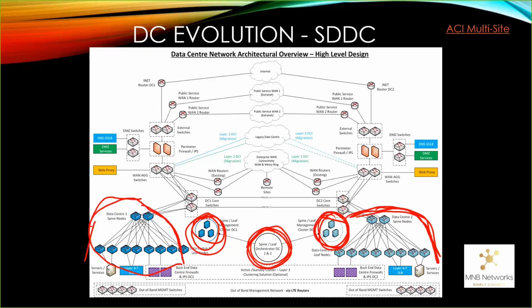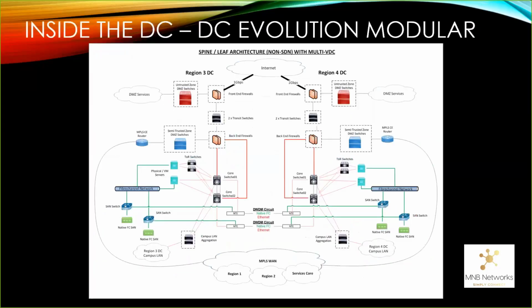One of the other things that is relevant to talk about here is, in an old school data center design like this, for example, you'd probably have an address here, and an HSRP address, which is the default gateway the servers would use.